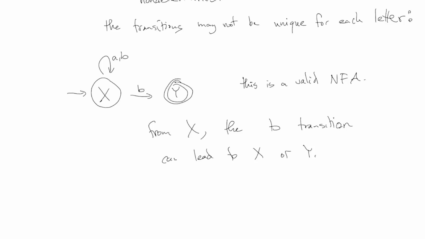Because of the non-determinism, you may wonder what it even means for a string to be accepted or not. Because of this non-determinism, you might feel like certain strings maybe are accepted, maybe aren't. How can you tell?